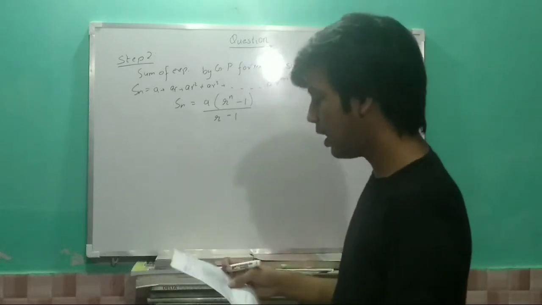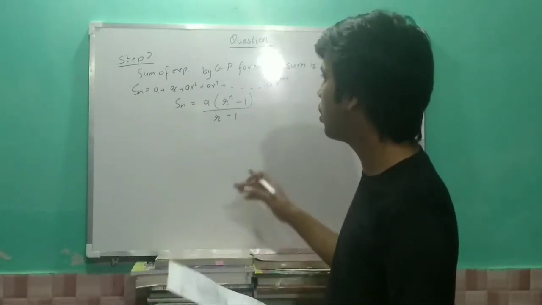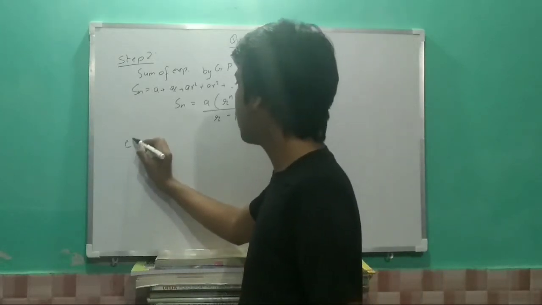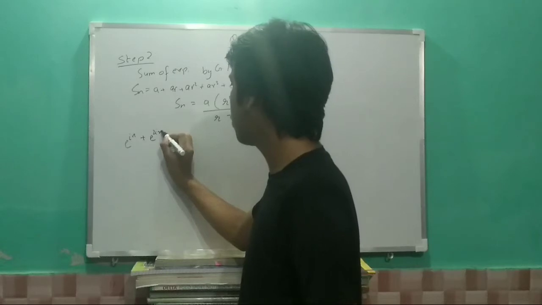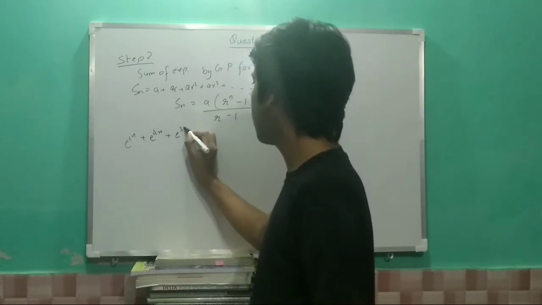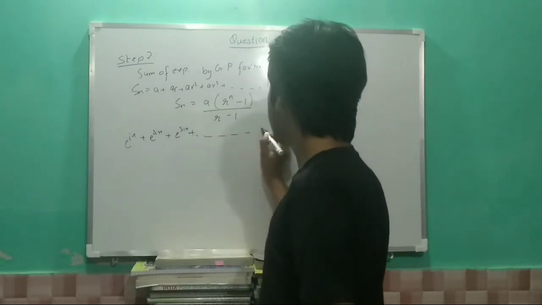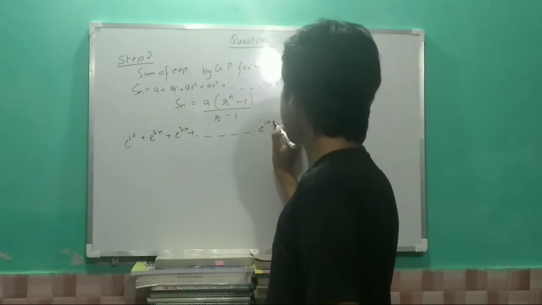Now let us apply this formula to the series we found previously. The series was e to the power ix plus e to the power 2ix plus e to the power 3ix up to e to the power inx.